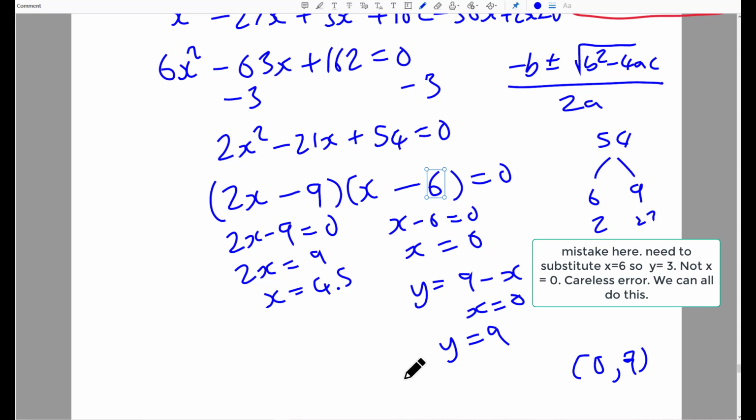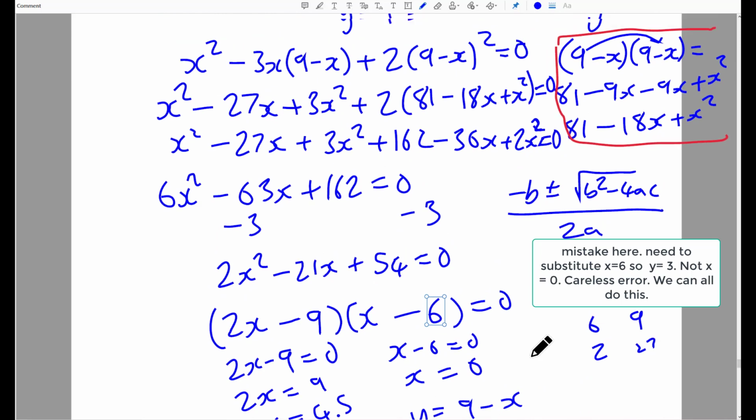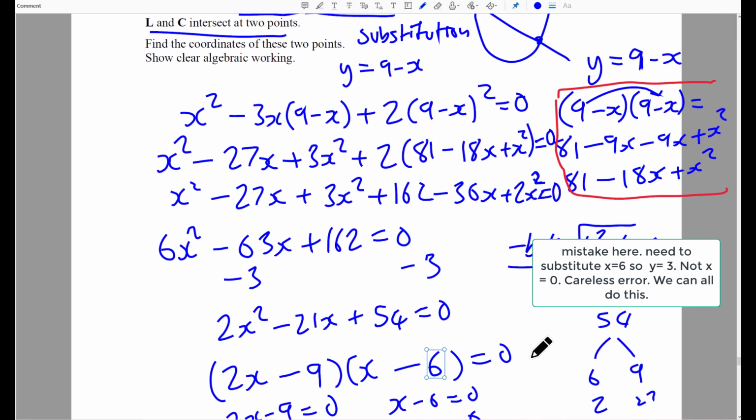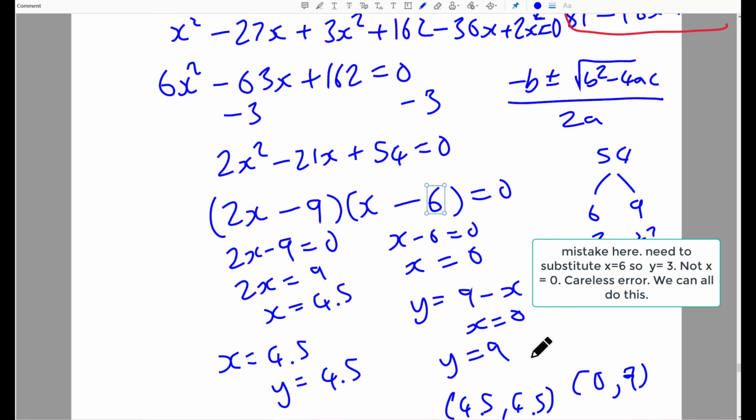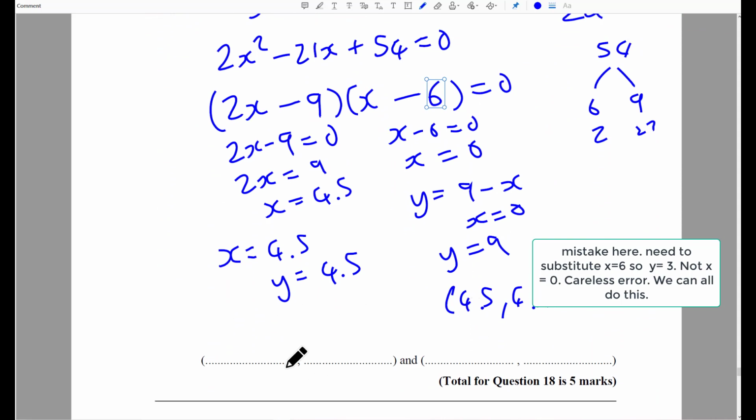When x equals 4.5, y is going to equal 4.5. So that's the other coordinate. Oh yeah, and we've shown clear algebraic working, and they've done that there.